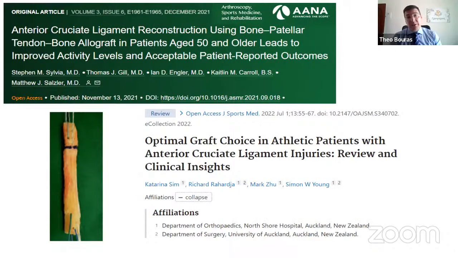The BTB has become very popular in the States as well, and there are studies coming out reporting results of BTB allografts in patients over 50 years old with very good results.